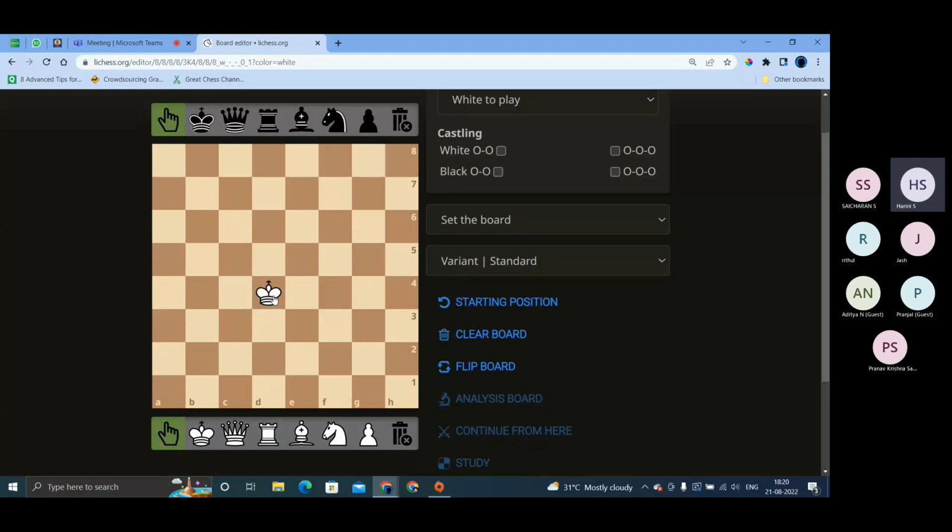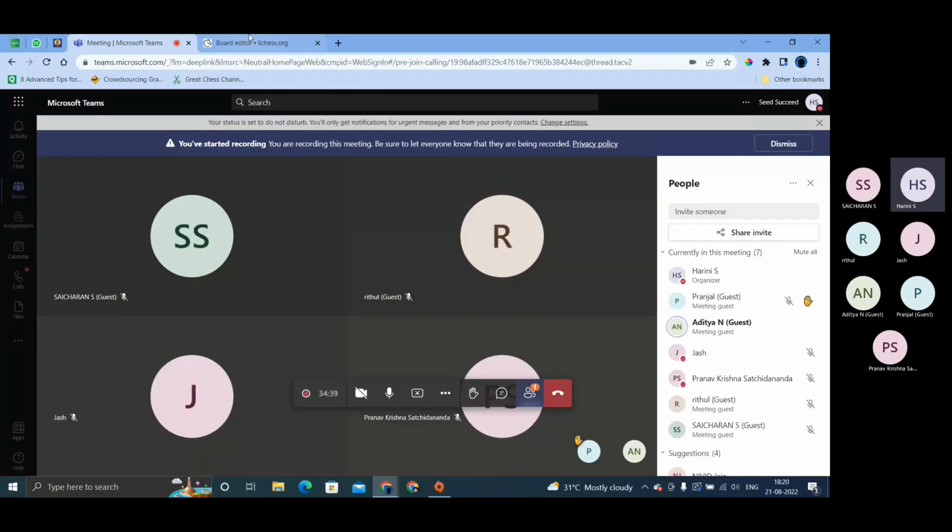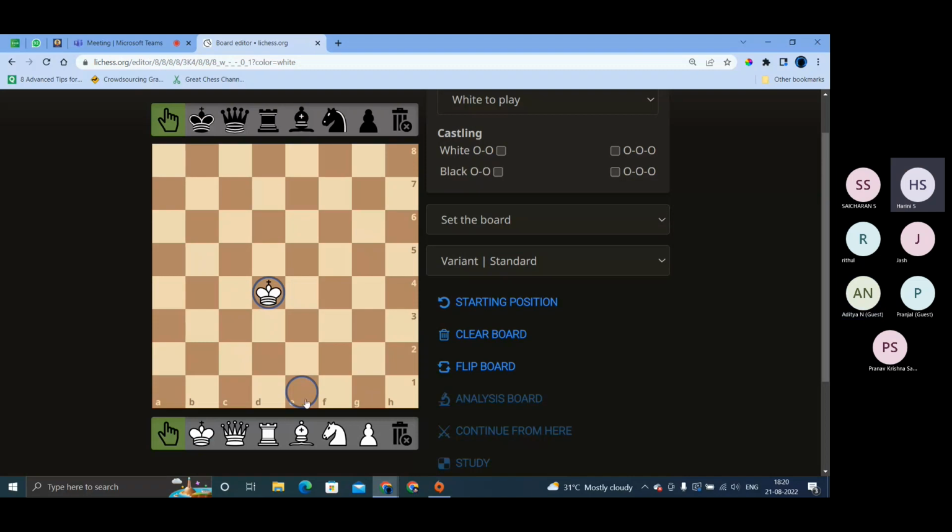Okay, so now the king is here. I want to take this king to e1. Aditya, can you answer this? Am I audible? Yes, ma'am. Okay, so take the king from here to e1. King can only move one step in one move. Okay, start.